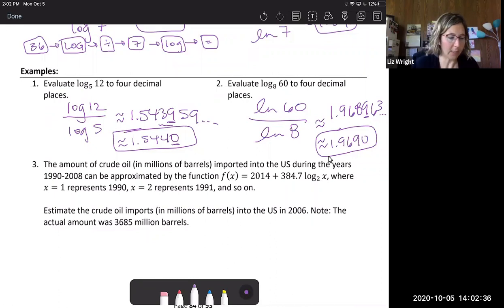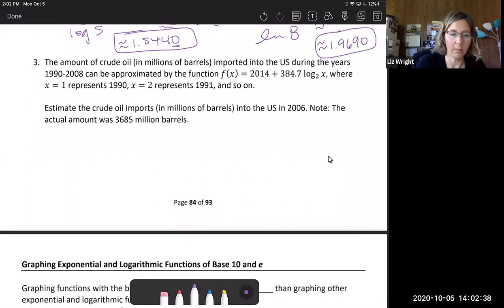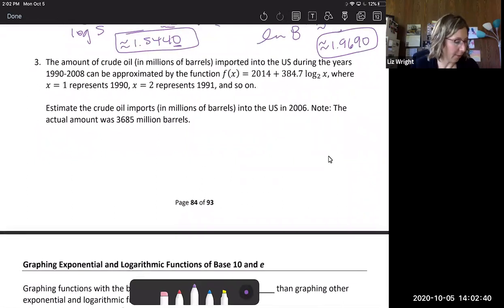Okay, let's look at number 3. Number 3 states the amount of crude oil in millions of barrels imported into the US during the years 1990 to 2008 could be approximated by the function given here, where x equals 1 represents 1990, x equals 2 represents 1991, and so on.